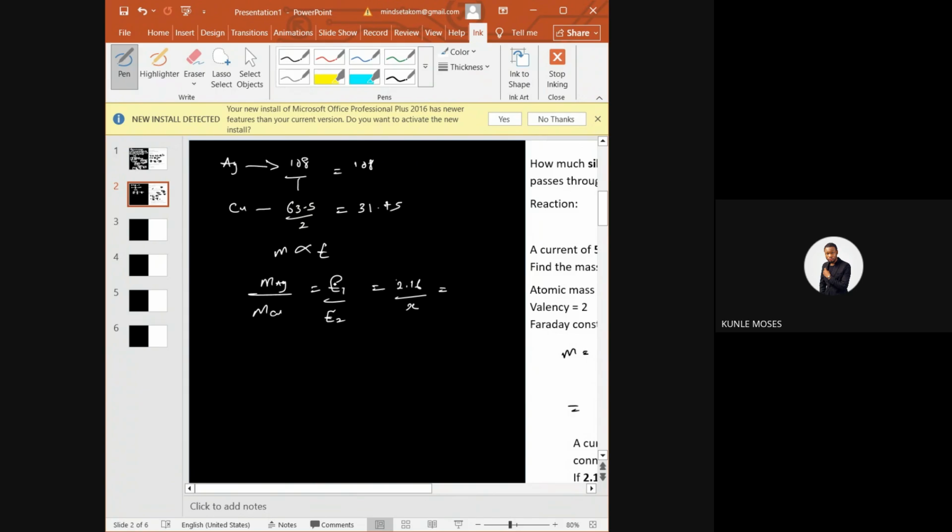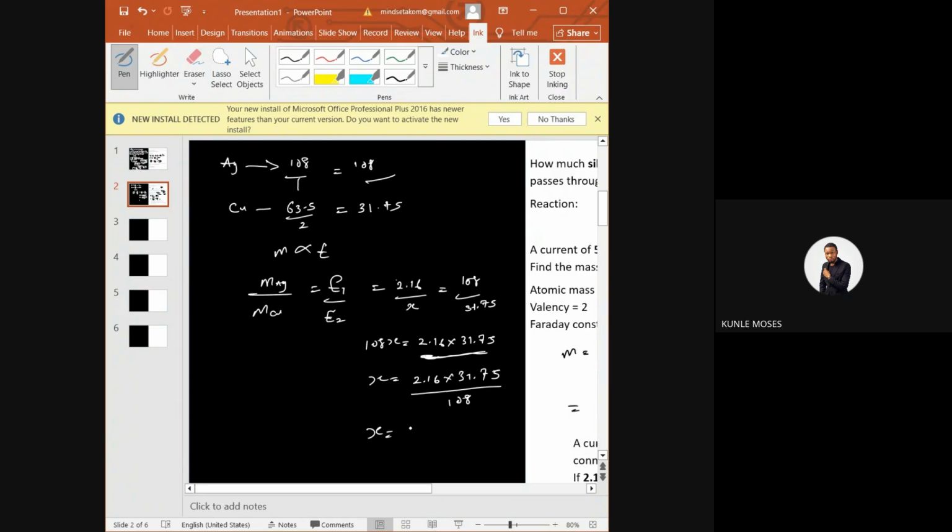The equivalent weight for silver is 108, right? For copper, that's 31.75. You make X the subject of the formula. So that would be 108X equals 2.16 multiplied by 31.75, and X equals 2.16 times 31.75 divided by 108.